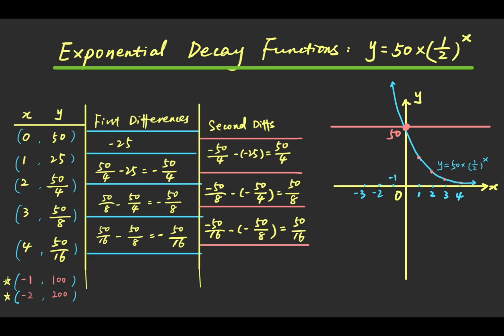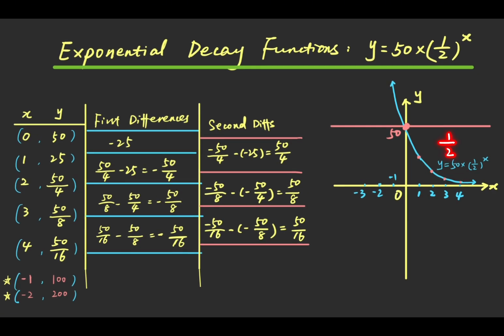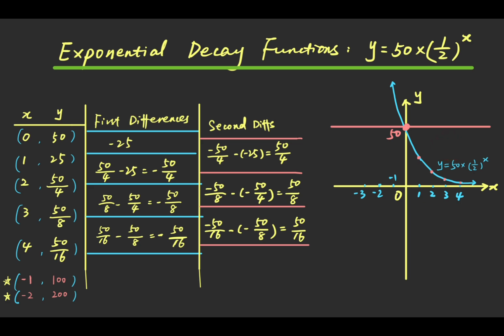The so-called common factor is just the base, 1/2. Because this is 50, this is 25 here, it is 50/4, this number, 50/8. The y value decreases by 1/2. Next property: the graph decreases at a decreasing rate.